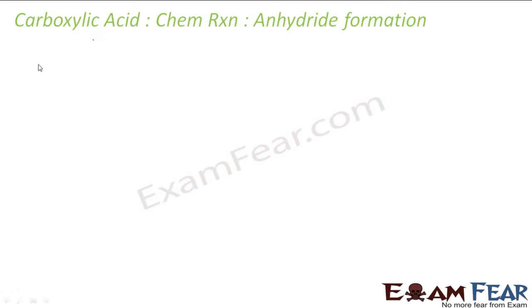So if you see here, if I take any carboxylic acid, like two molecules of the carboxylic acid, and I heat this with some mineral acid, HCl or something, a water molecule is lost, and what you get is anhydride.